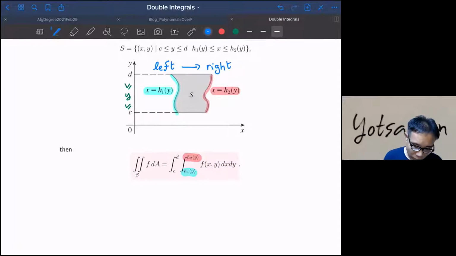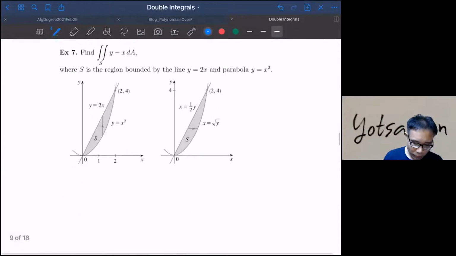So you have x from h1(y) to h2(y), and y lies between c and d. Let me give you two examples.